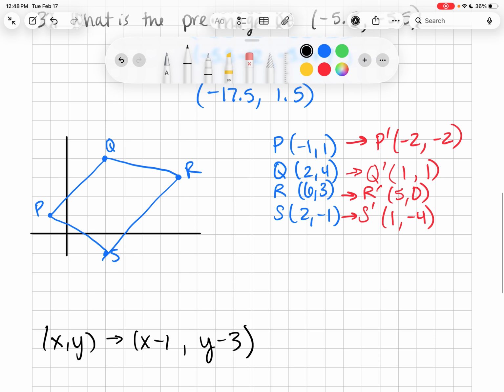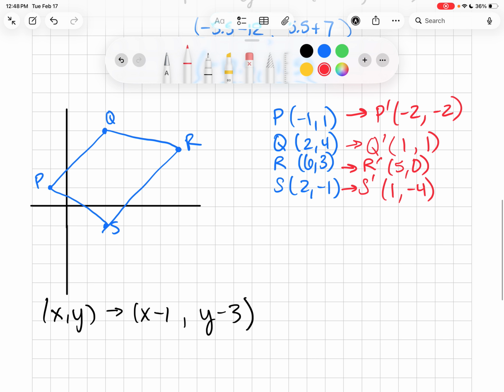So now I can come over here and plot these points for my image. I'm going to do it in a different color. If you don't have a different color and you're just using pencil, that's fine. Just make sure as you put your letters on there that you put the primes on so that I can see where they go. P prime is at negative 2, negative 2, so that's down here.